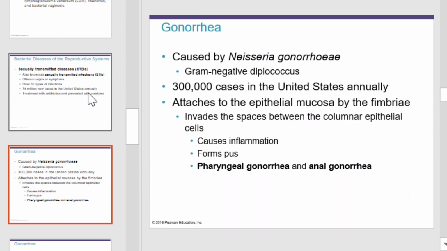Gonorrhea is caused by Neisseria, a gram-negative diplococcus organism. There are 300,000 cases of gonorrhea in the United States annually. Gonorrhea attaches to the epithelial mucosa by the fimbriae and invades the spaces between the columnar epithelial cells, causing inflammation and pus.